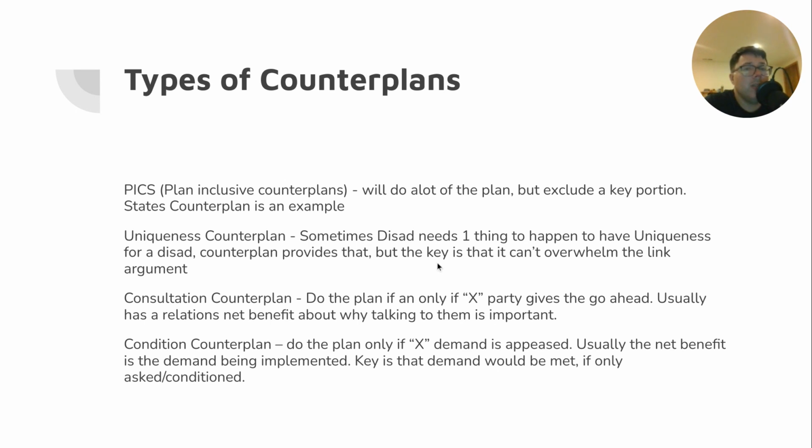advantage counterplan. An advantage counterplan is when the negative advocates for something that has nothing to do with the plan in its entirety, but will solve one of the problems that the 1AC articulated as a problem. So this will happen a lot in climate change debates.